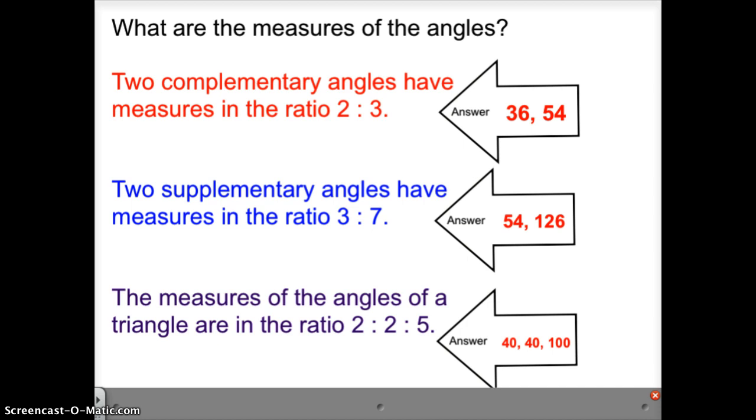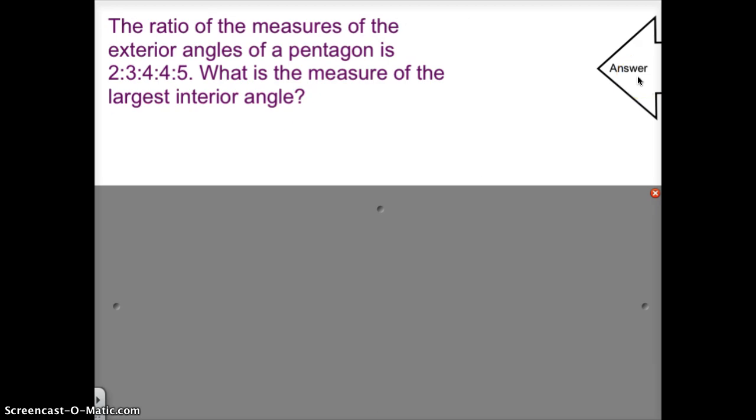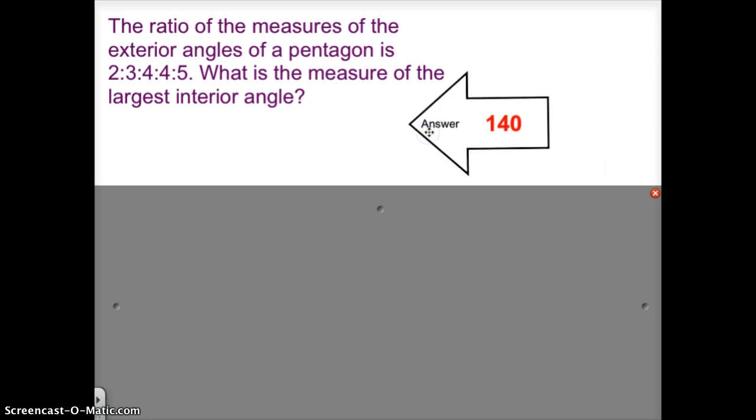Take a second and answer questions 16 and 17 from your packet. In question number 16, with your equation of 2x plus 3x plus 4x plus 4x plus 5x equals the interior angle measures of a pentagon, we have to go back to the n minus 2 times 180 formula, and find out that the measure of the largest interior angle would be 5 times 16, which would get me 140 degrees.